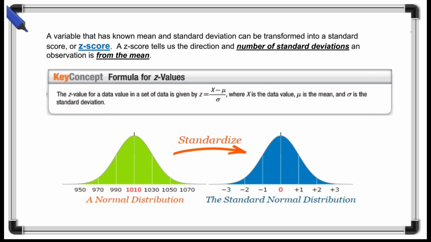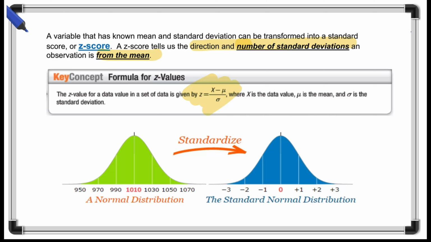So now we're going to talk about z-score, and the z-score is just going to tell you the direction and the number of standard deviations that an observation is from the mean. There is a way for you to calculate your z-score: you're taking whatever that data value is, subtracting the mean, and then dividing it by the standard deviation.